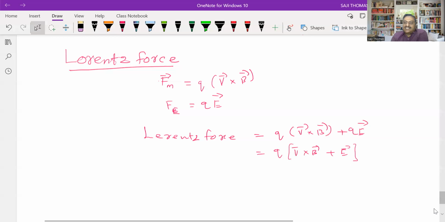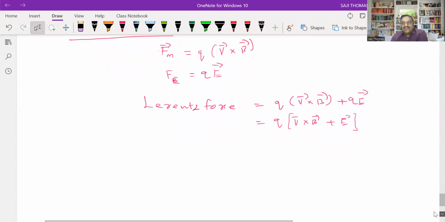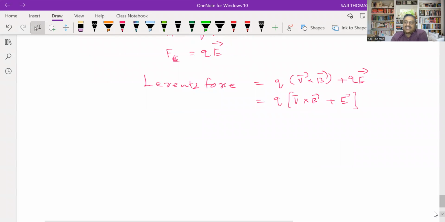Now we will discuss the motion of a charged particle through combined electric and magnetic fields, which are perpendicular to each other, and perpendicular to the direction of velocity also. Both are applied simultaneously, perpendicular to each other. Such fields are called crossed fields.